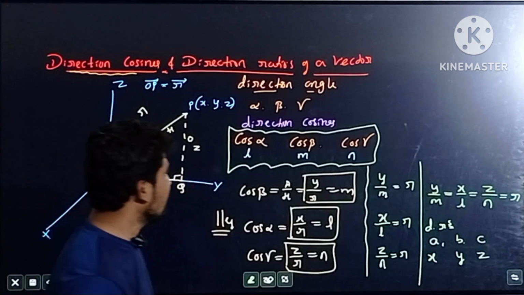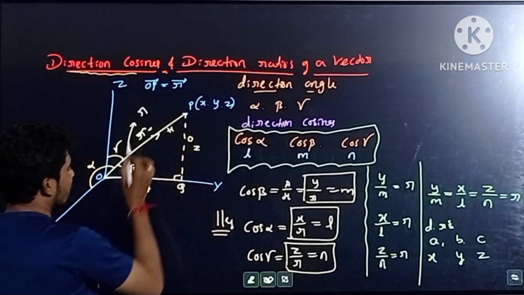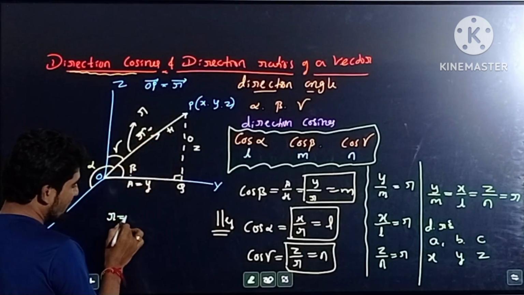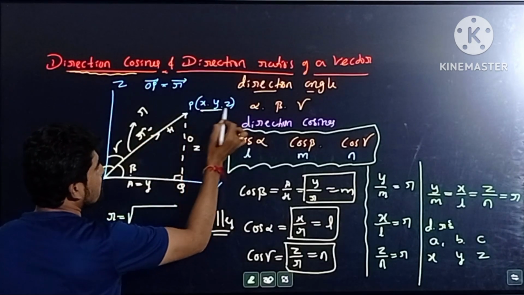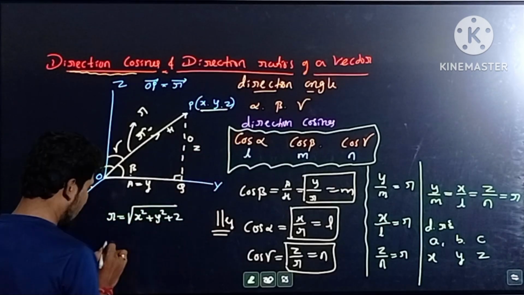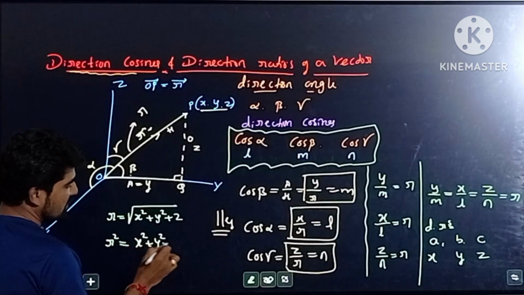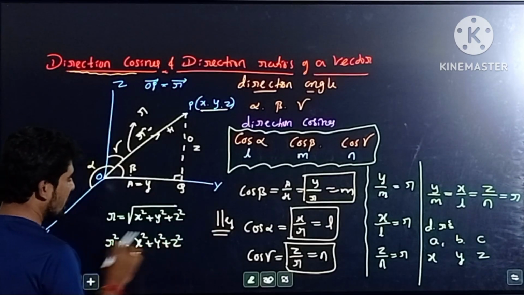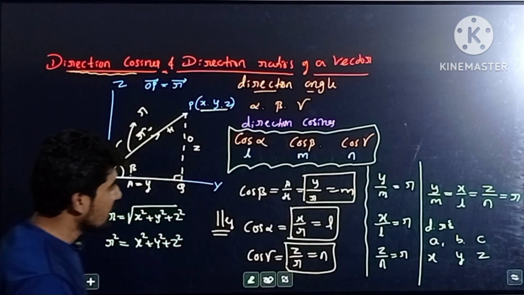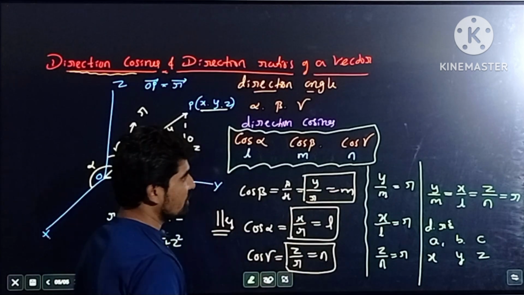And one more thing you observe here. So OP vector, what is the magnitude of the OP vector? Magnitude of the OP vector is r. And as you know, magnitude of the OP vector is square root of x square plus y square plus z square. And what is r square? R square is equal to x square plus y square plus z square. So if we square on both sides, the square root gets cancelled on the right side. And observe here, the value of L is x by r, m is y by r, and n is z by r.